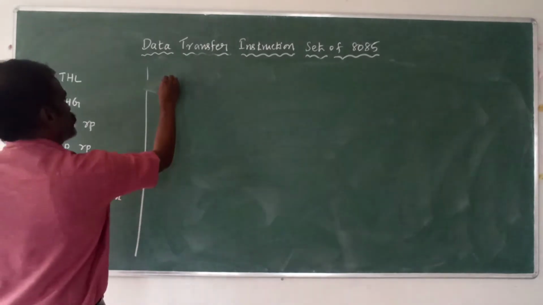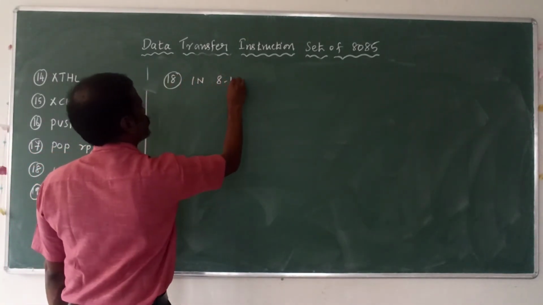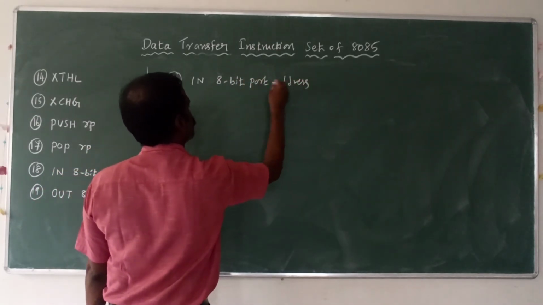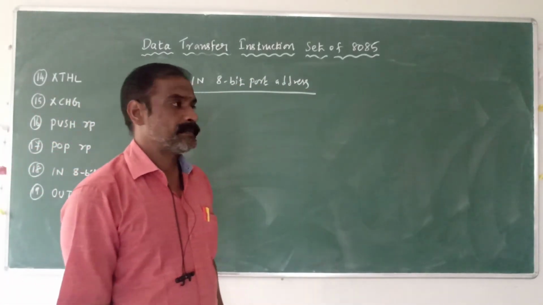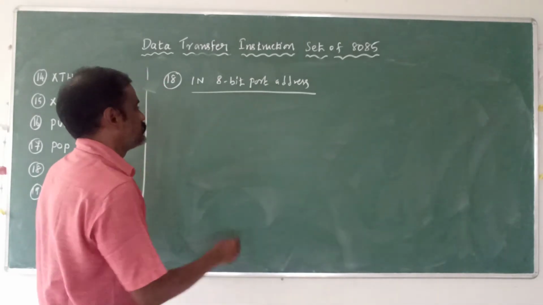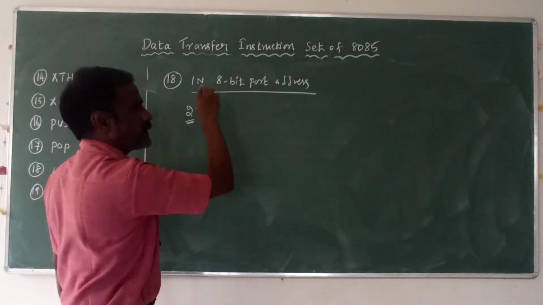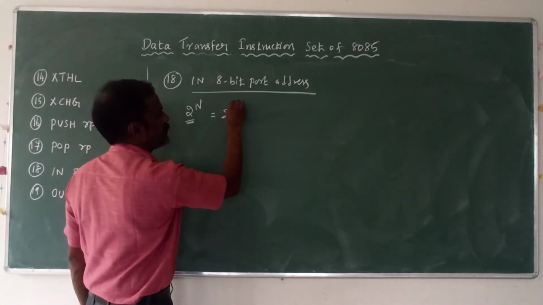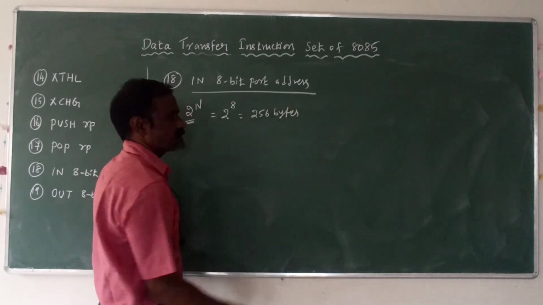Next, the 18th instruction, IN 8-bit port address. In 8-bit port address means here the port address will be 8-bit. The formula is 2 power n, where n represents the number of address bits and 2 for binary digit. 2 power 8 equals 256 bytes.